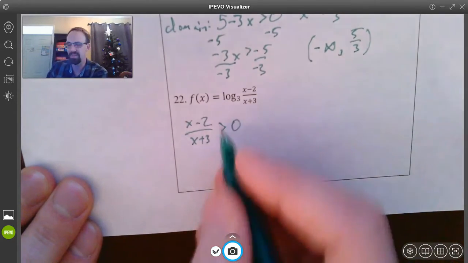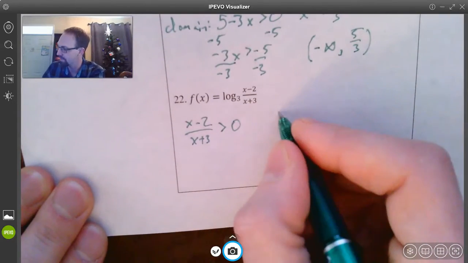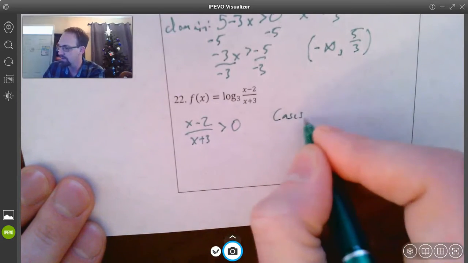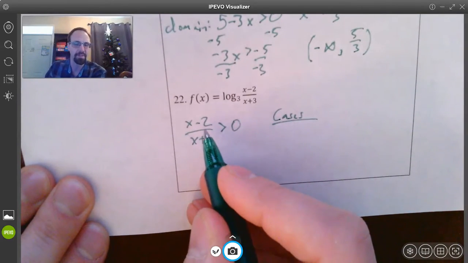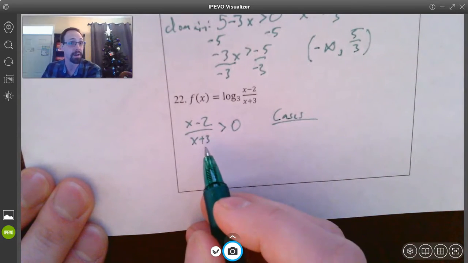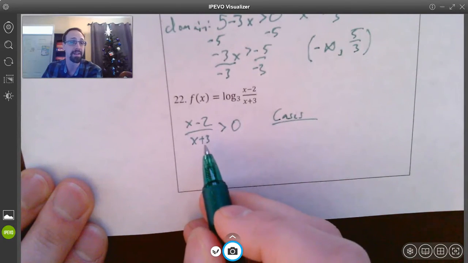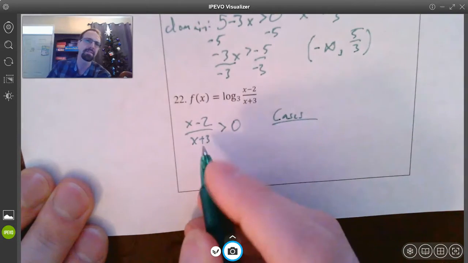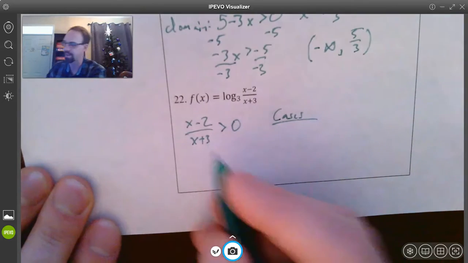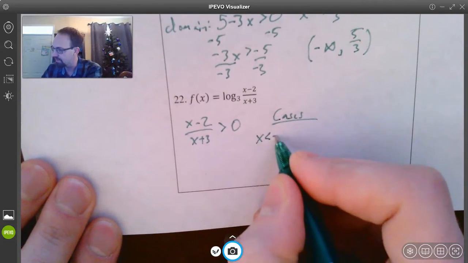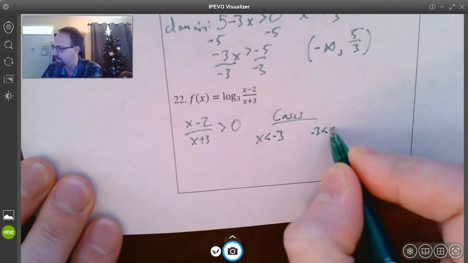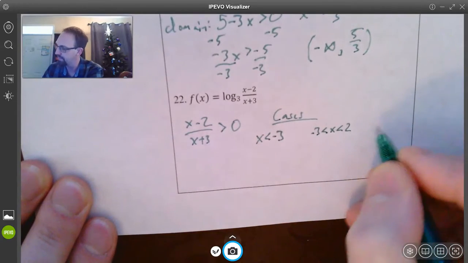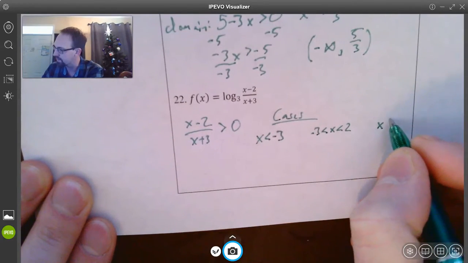So let's think about this as cases. So this is, again, domain by cases. I have one scenario where x is less than negative 3. I have another scenario where x is between negative 3 and 2. And then I have another scenario where x is greater than 2.